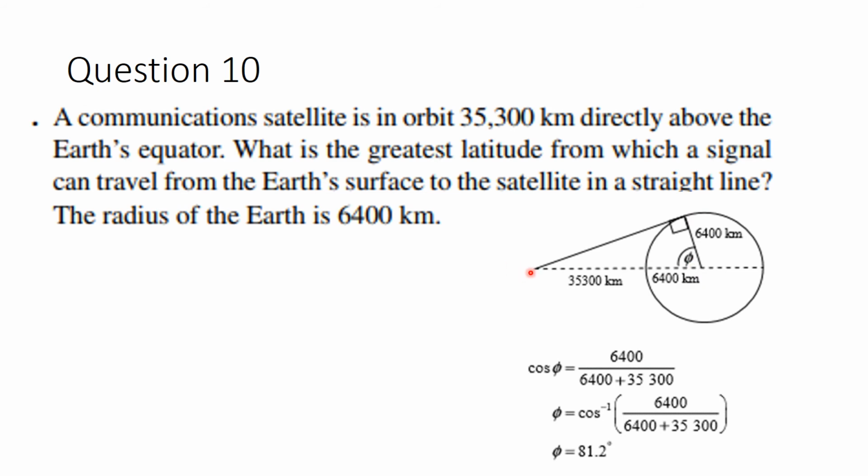We do know that this tangent line, which is what the problem is asking us for, is perpendicular to the radius. So this is a 90-degree angle, and so we can have a triangle that we can solve. There's the angle that we want to find, because that is how the latitudes are described.